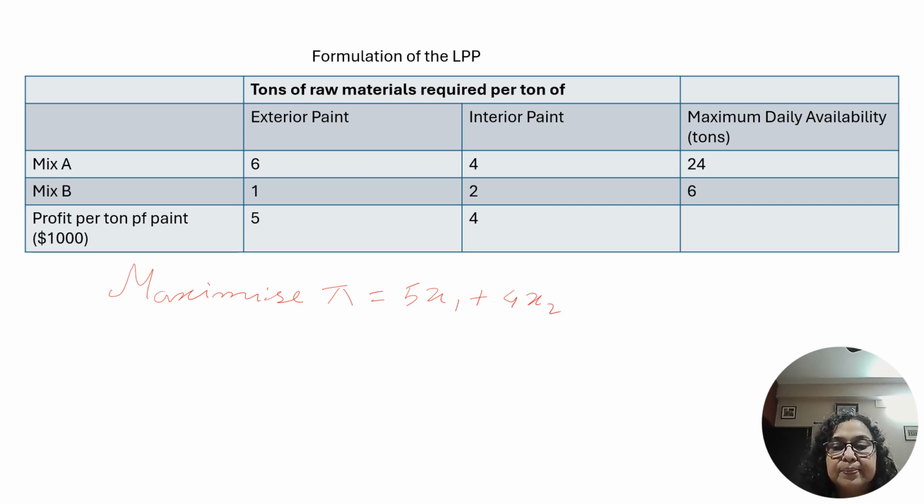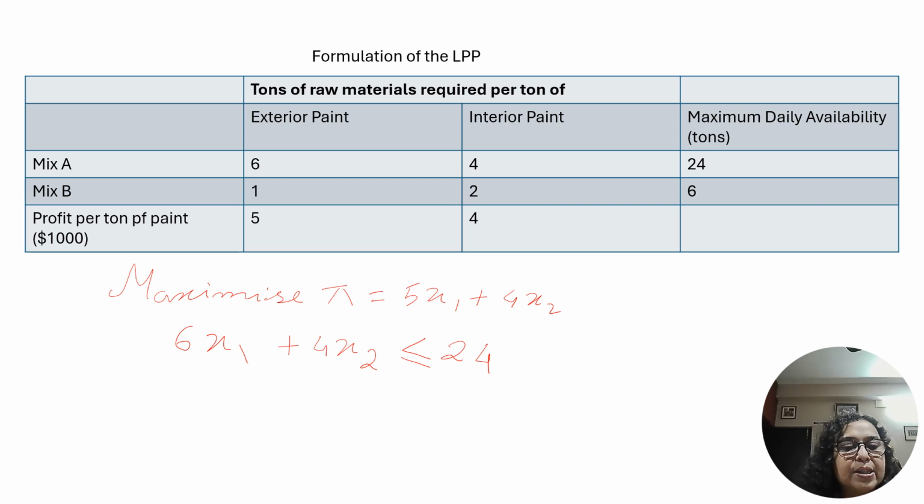And the constraints are 6x1, so this is the mix A constraint, plus 4x2, because mix A has a maximum availability of 24. So the total amount should be less than or equal to 24 because that is the maximum amount available.